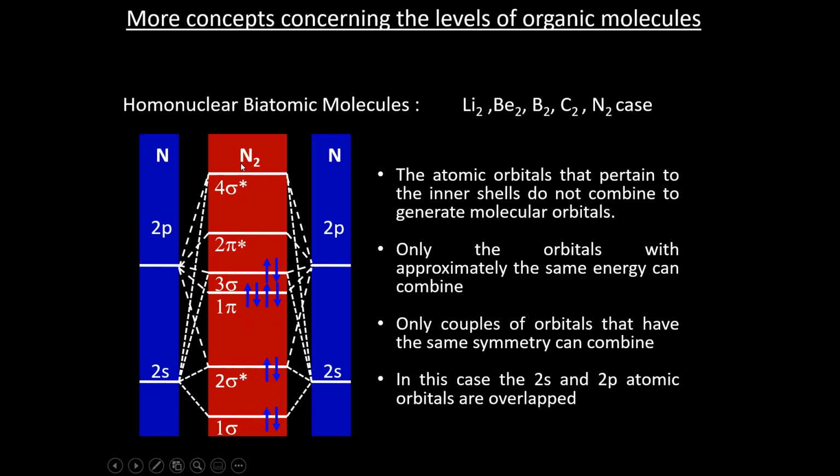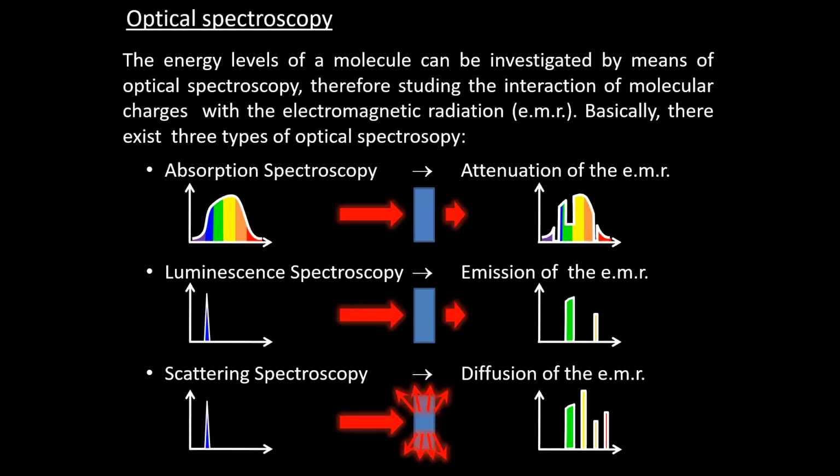And then once you are here, you can relax to this state or to this state by emitting light. So if you send energy and excite a molecule to a large excited state, then it can relax to a lower state. And each time that it relaxes, it emits light at a characteristic frequency. So what you are seeing here are the frequencies corresponding to the transition energies of the levels of the molecule. So you are performing a so-called luminescence spectroscopy.